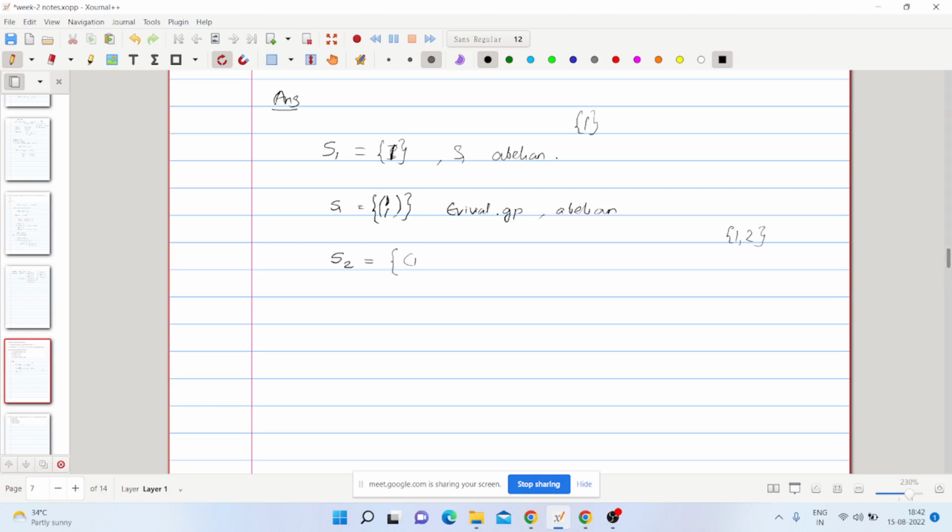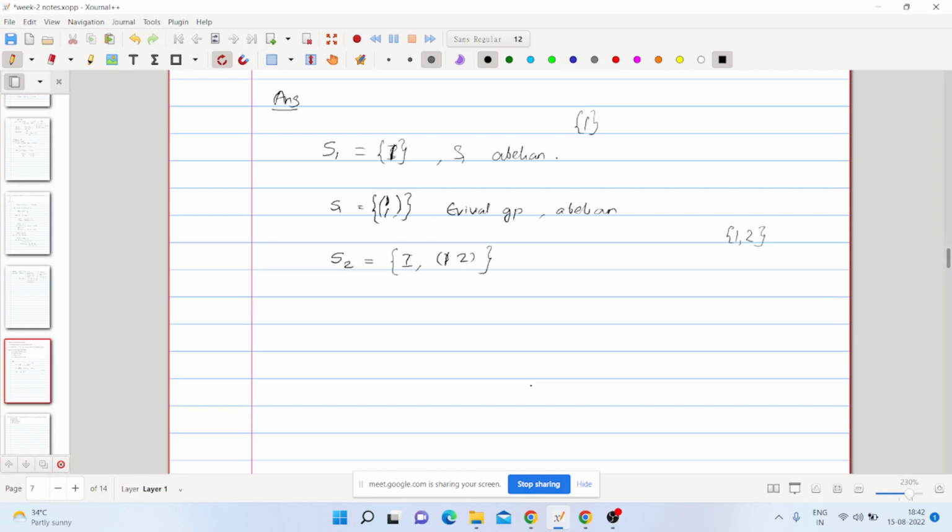The identity element, and the other one: 1 goes to 2 and 2 goes to 1, the cycle (1 2), right? Any other possibility other than this? No, ma'am. This is the only possibility.